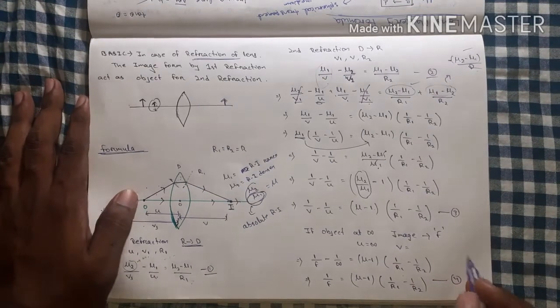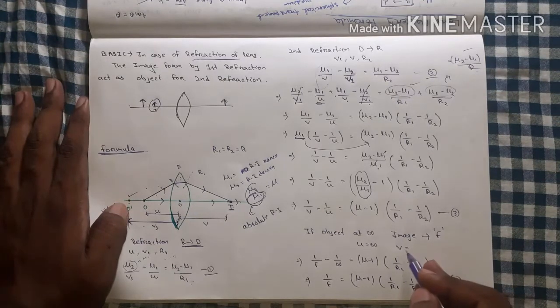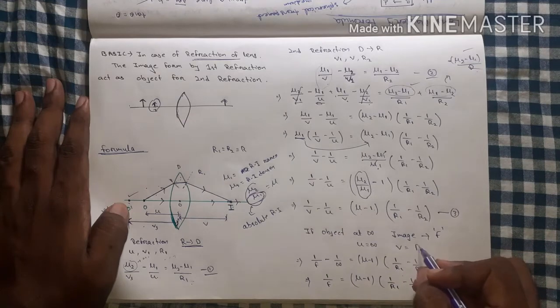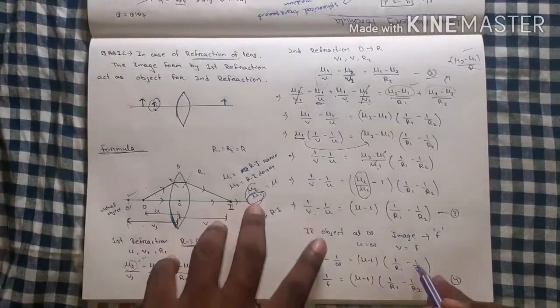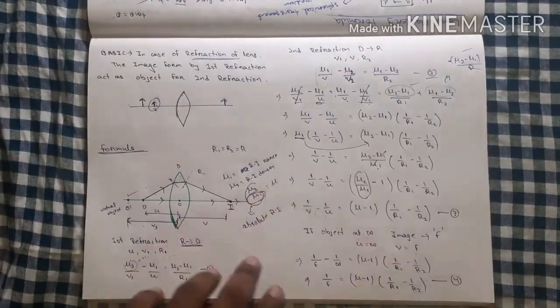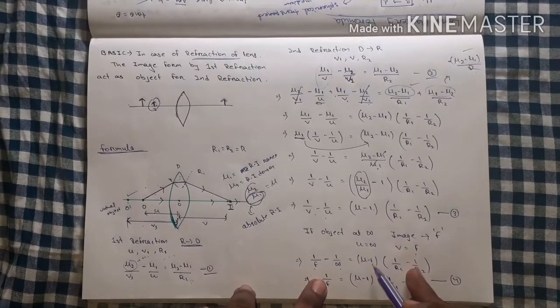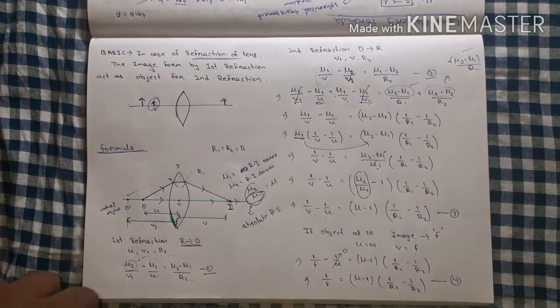If the object is at the focus point, the image will be at infinity. So the image will be at the focus point, and the image distance is f. So v equal to f, u equal to infinity. Then 1 by f minus 1 by infinity equal to (mu minus 1) times (1 by r1 minus 1 by r2). 1 by infinity equal to what? 0. Then 1 by f equal to (mu minus 1) times (1 by r1 minus 1 by r2).